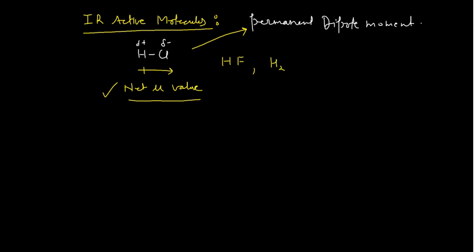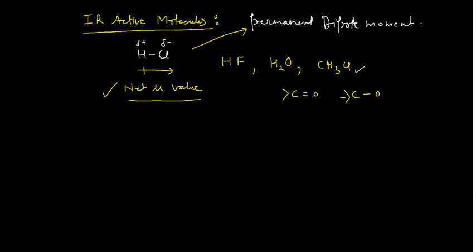Water is another very, very important one. Methyl chloride, which is CH3Cl, is again IR active. Compounds with carbonyl groups are IR active. Compounds with a carbon single bond oxygen are also IR active, right? So many polar molecules, because they have the permanent dipole moment.